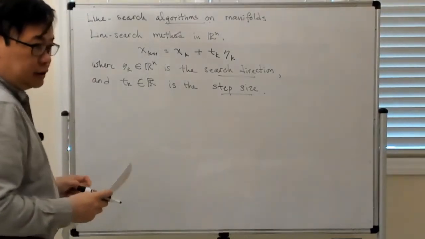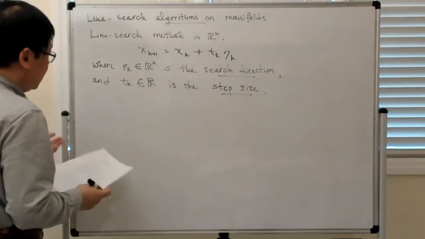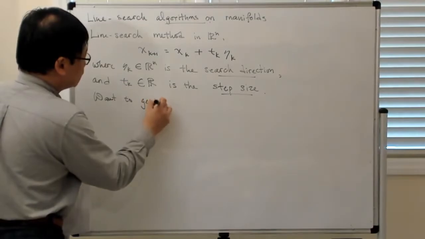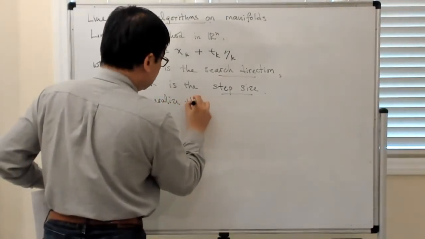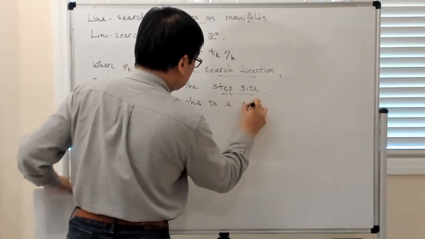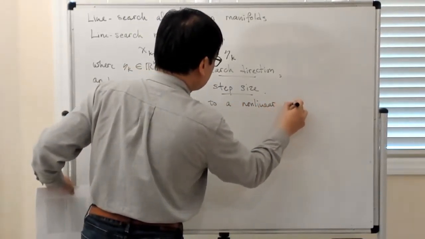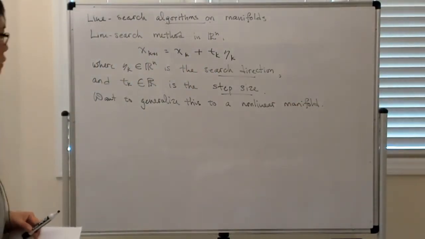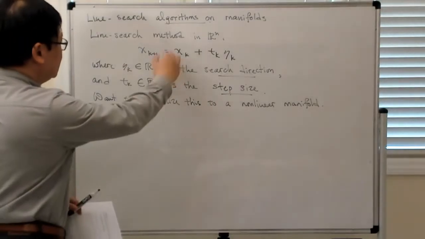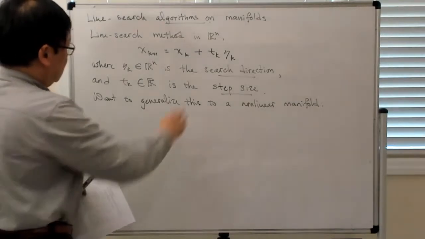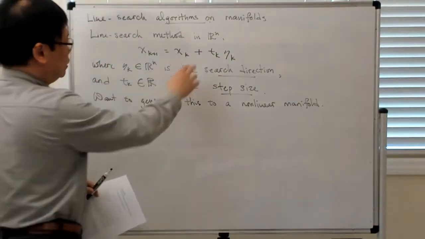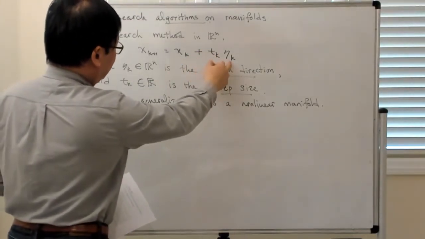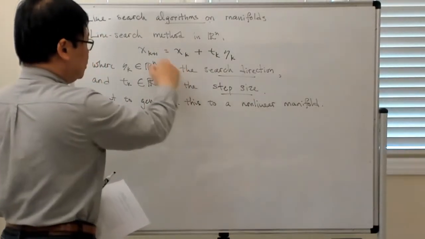Of course, the goal is to generalize this to a nonlinear manifold. And one of the problems with generalizing this to a nonlinear manifold is that this update requires you to take advantage of the linear space structure of R^n, because you're going to take a vector, multiply it by something, and then add it to a position.